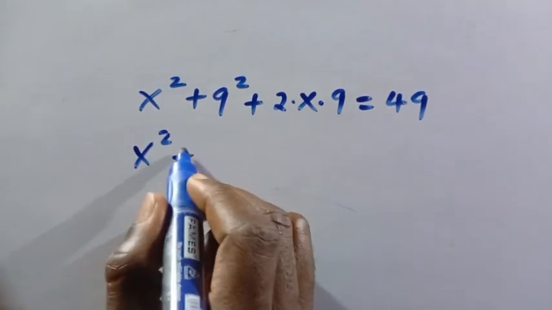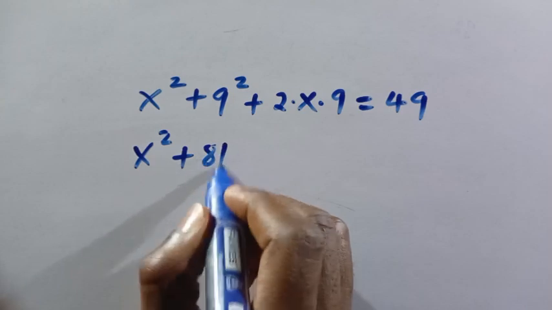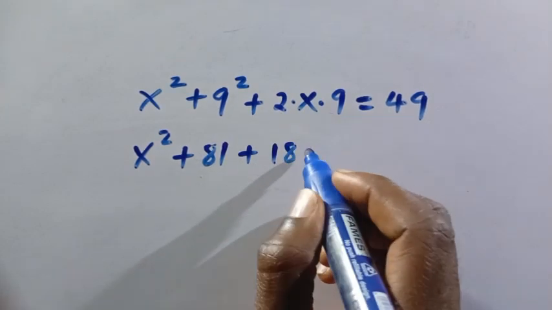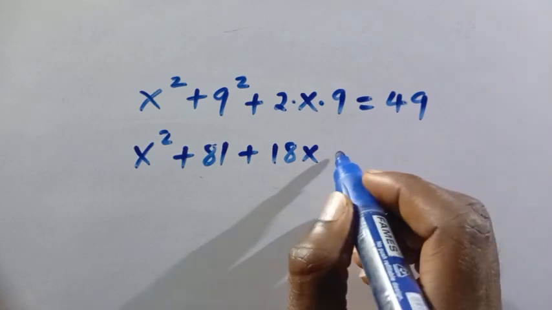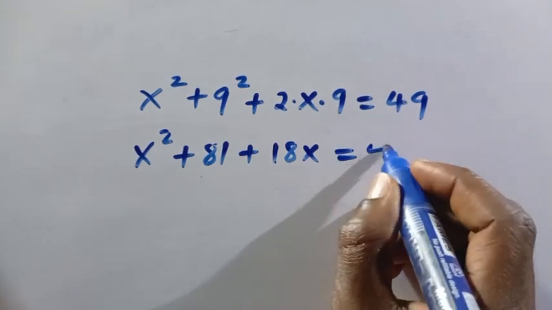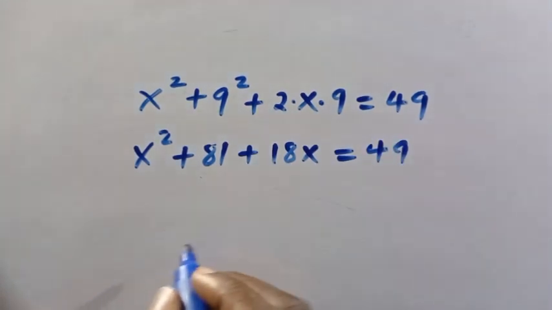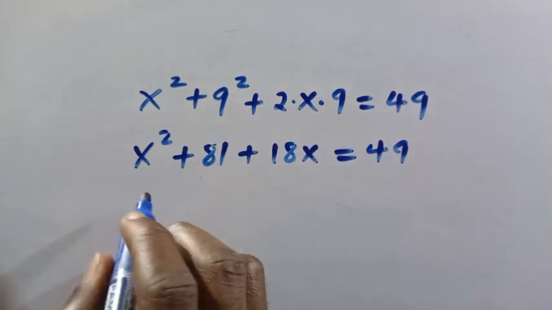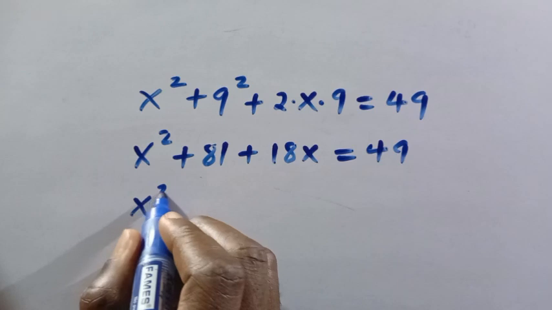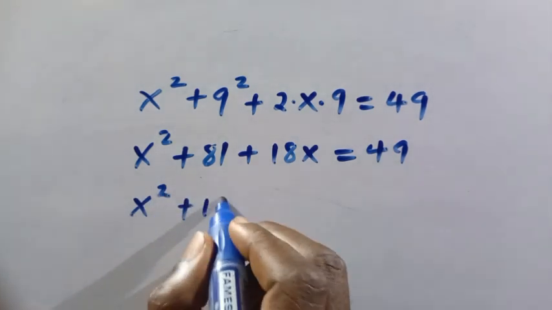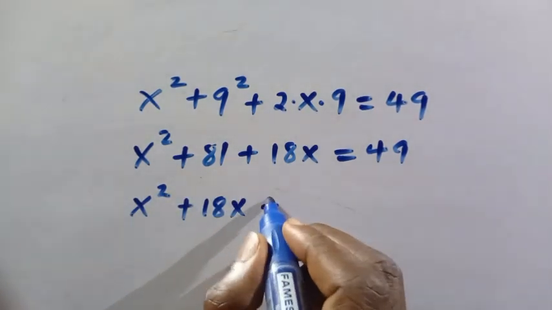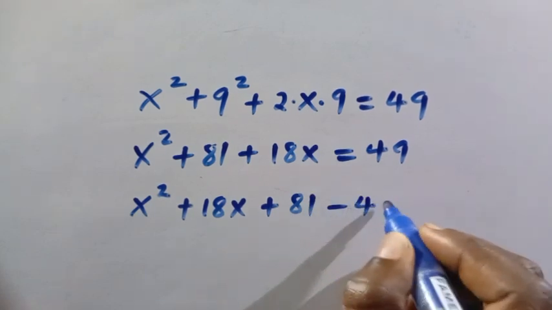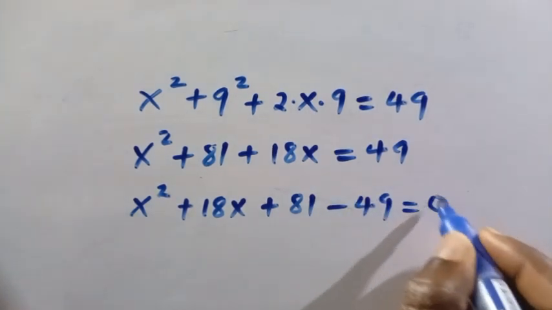In the next step we have x^2 plus, 9^2 here is 81, plus 2 times 9, that is 18 multiplied by x, and this equals 49. Then let's take this 49 and rearrange this properly as x^2 + 18x + 81 - 49 = 0.